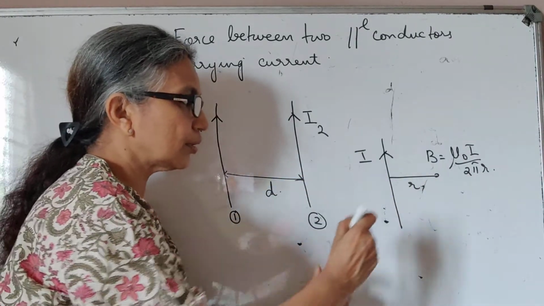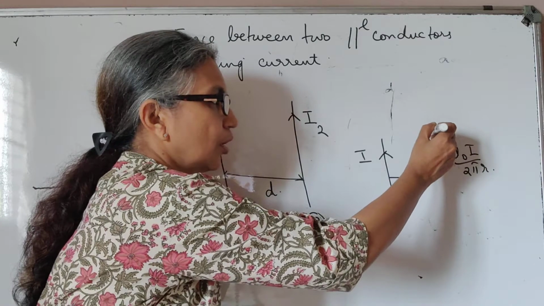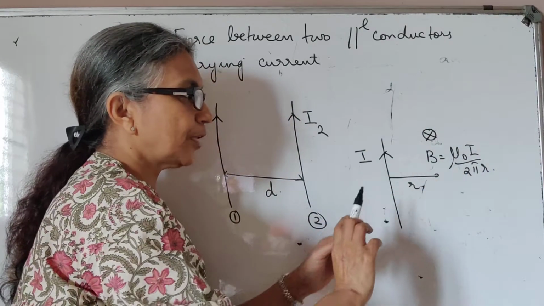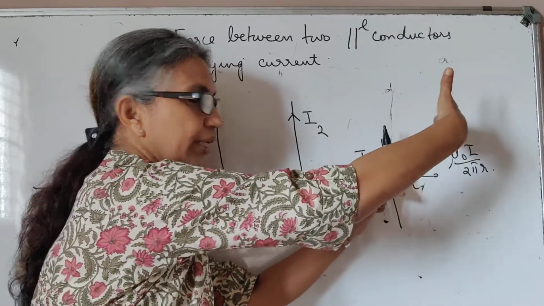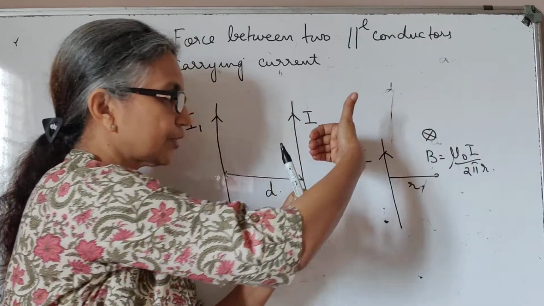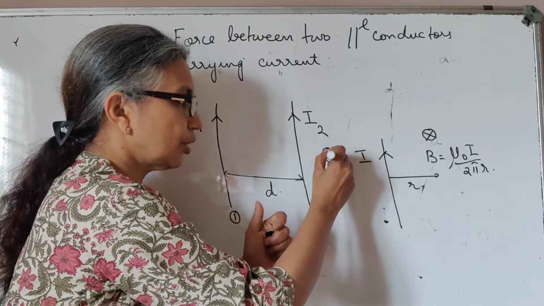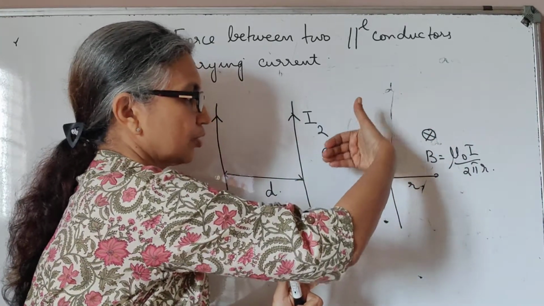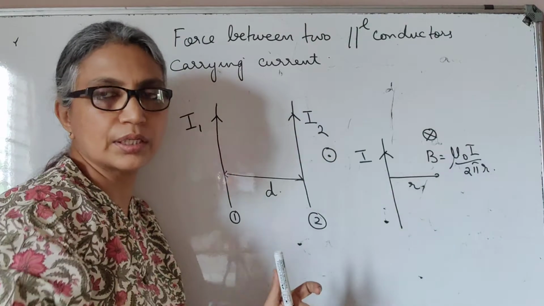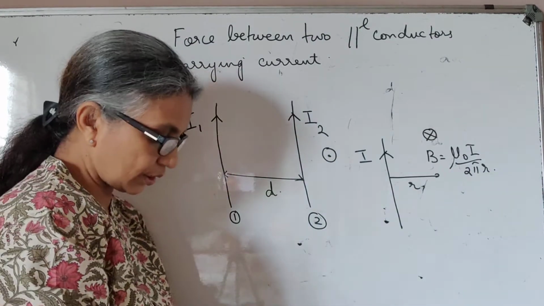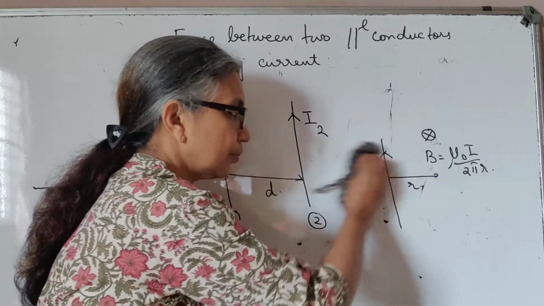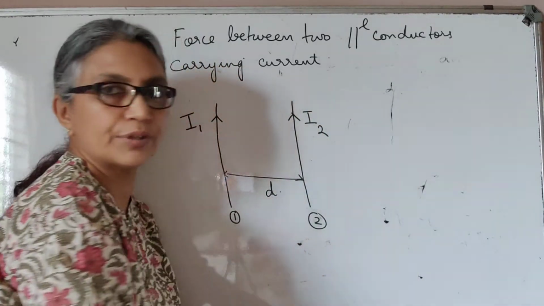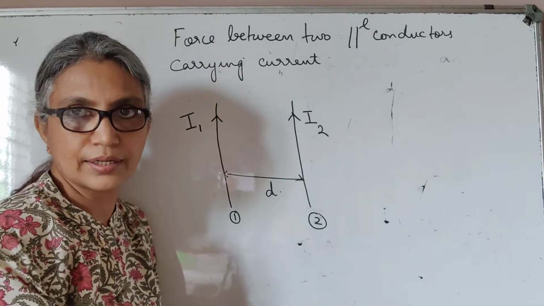So on the right side I would mark the magnetic field like this, showing that it is perpendicular to the plane of the board and inwards. And on the left side I would mark it with a dot, showing that as you curl your fingers, here it's going to come out perpendicular to the plane of the board. So that is the right hand thumb rule, which gives you the direction of magnetic field for any current carrying conductor.